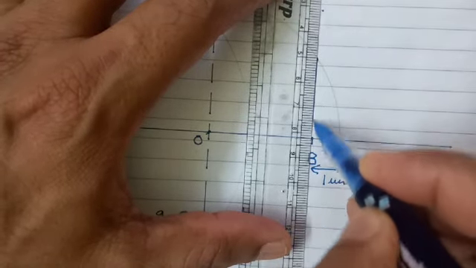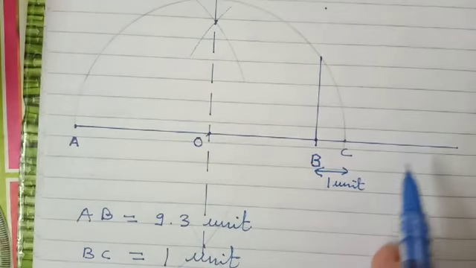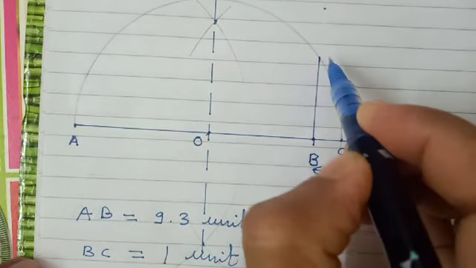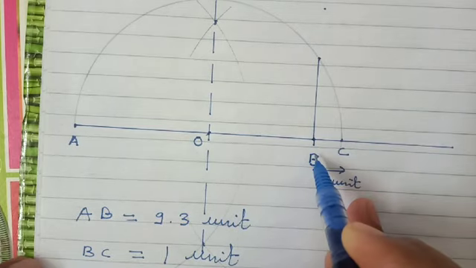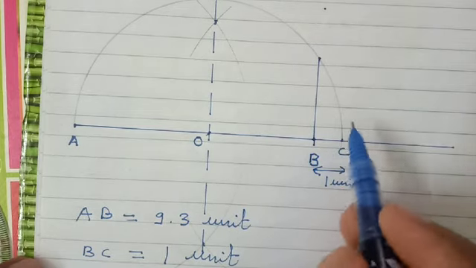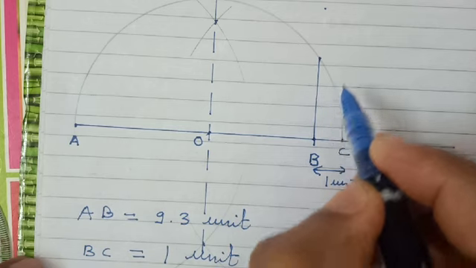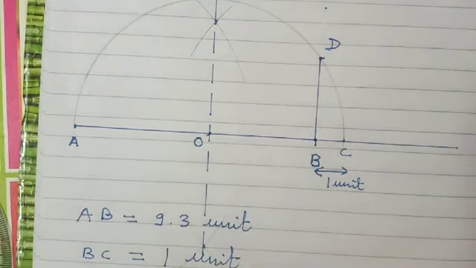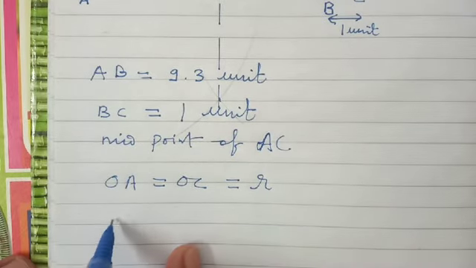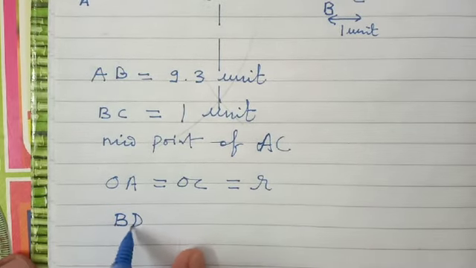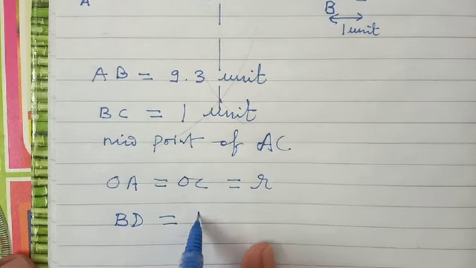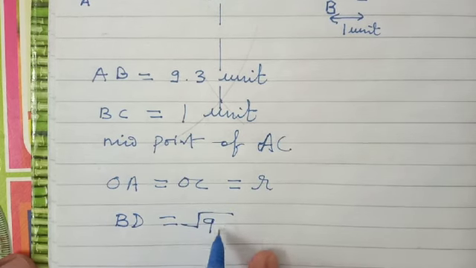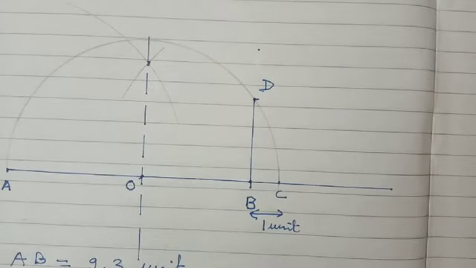That perpendicular intersects the semicircle at point D. Now you can say BD is equal to under root 9.3.